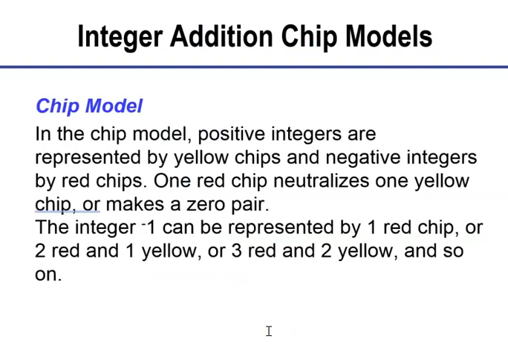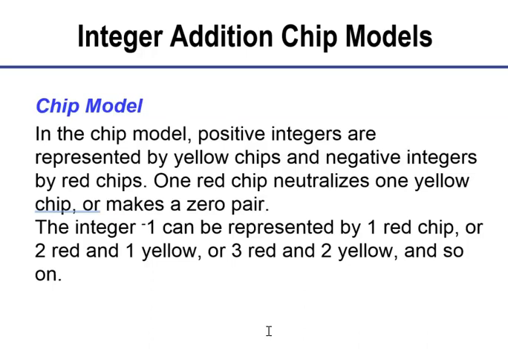Now, I'm positive that if this is material that you'll be teaching, you will introduce the chip model to your students. In the chip model, positive integers are represented by yellow chips. Now, the color is not an issue. It could be different for different setups, but we're going to stick with yellow chips for positive and red chips for negative.